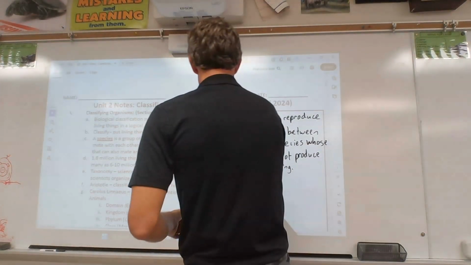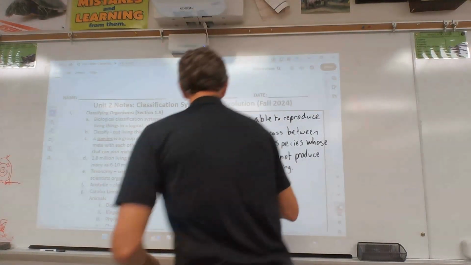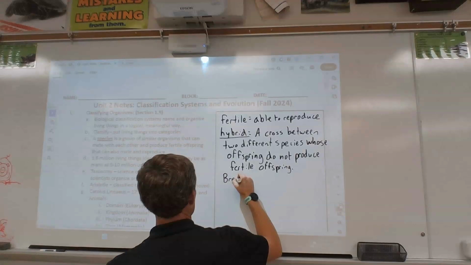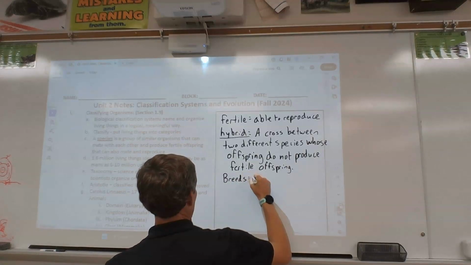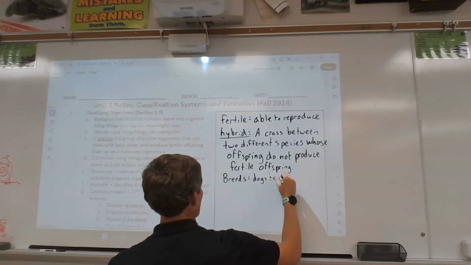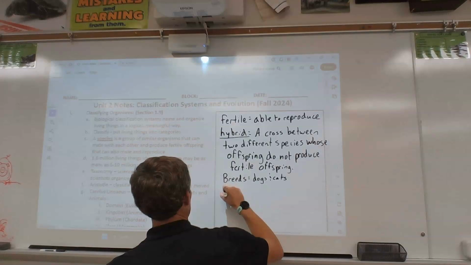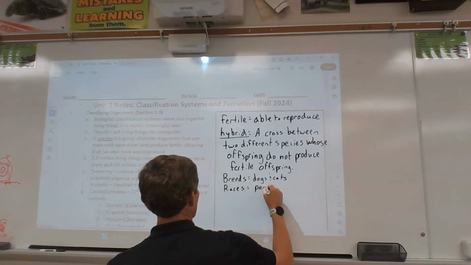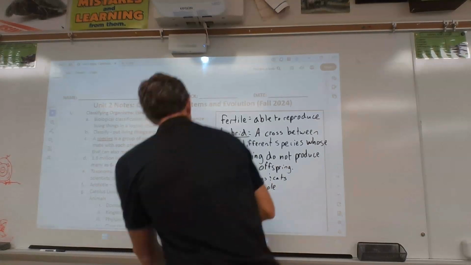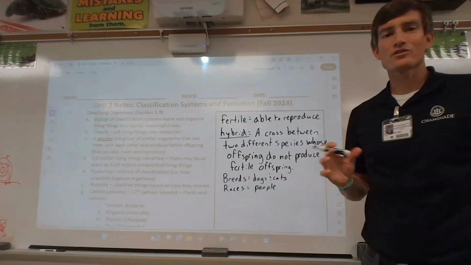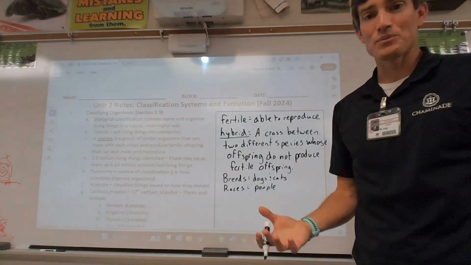This is different from two different words that you guys have probably heard before. Breeds, which are things that we talk about for dogs and cats, and races for people. The word breed and the word race actually relate to members of the same species.